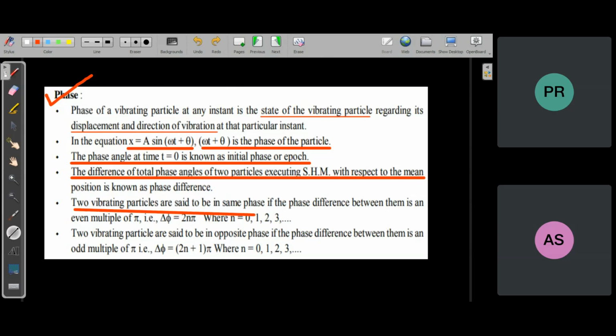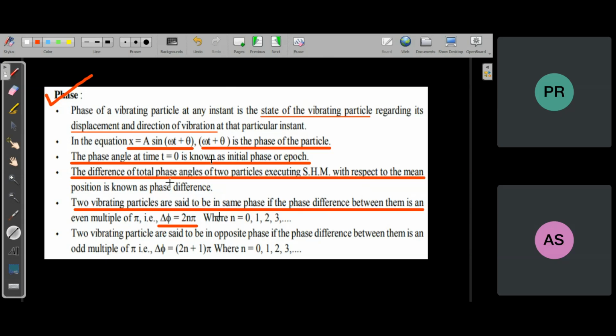Now, two vibrating particles are said to be in the same phase if the phase difference is a multiple of 2n pi. Why is it so? Because when the phase difference will be in multiple of 2n pi, then the displacement and the direction of motion, both will be exactly same.